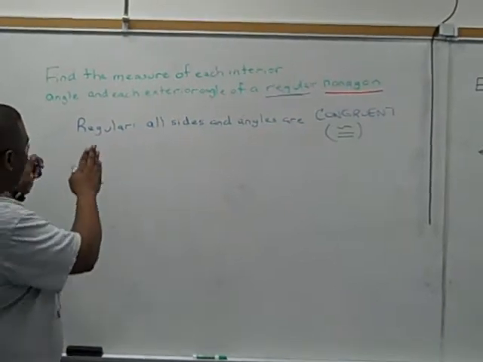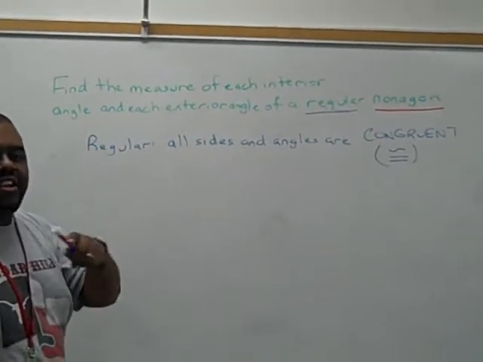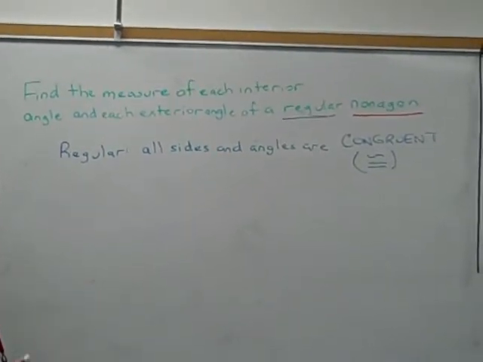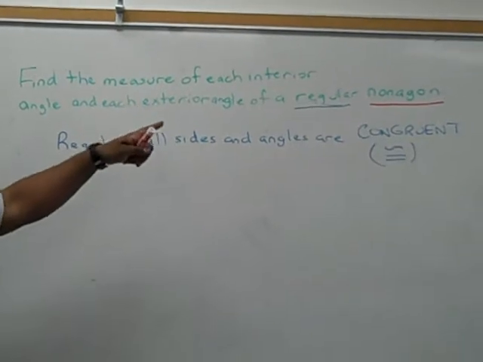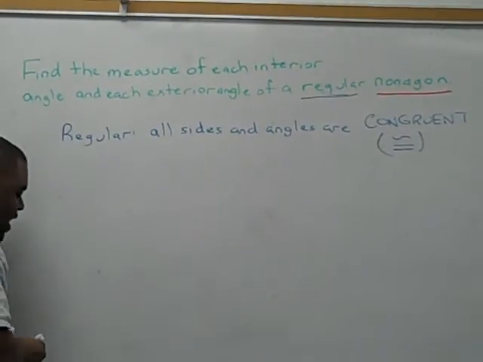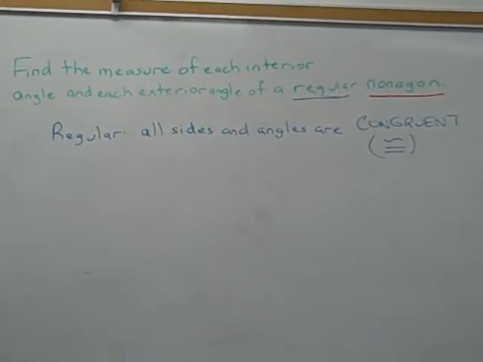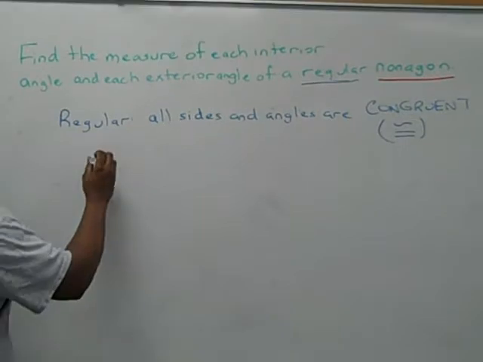Now, we're going to figure out what the measure of each interior and exterior angle of a regular nine-sided figure is. To do that, we're going to break this down in parts. We're going to start with the interior angle. Do you remember the formula for finding the sum of the interior angles? That's right.